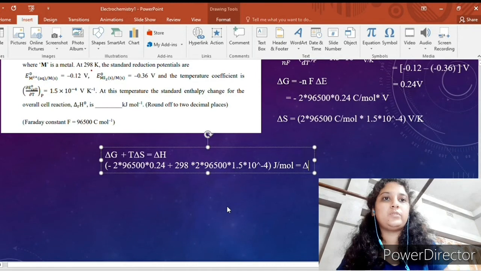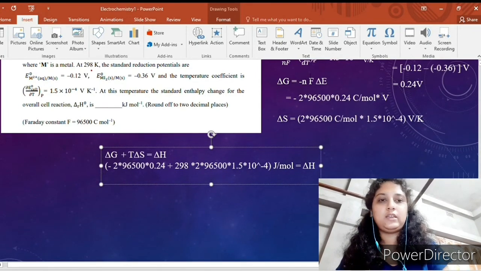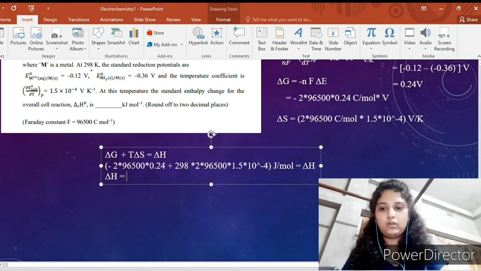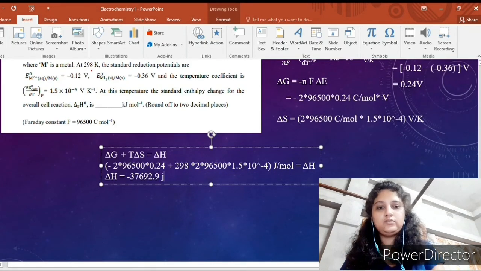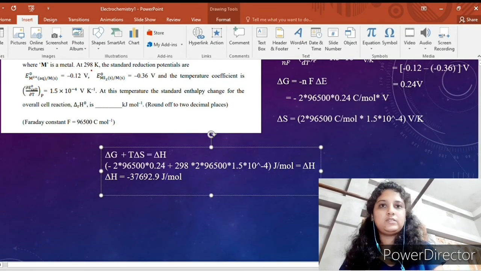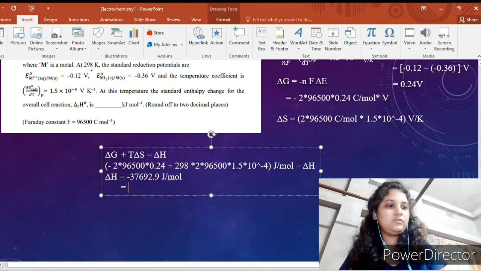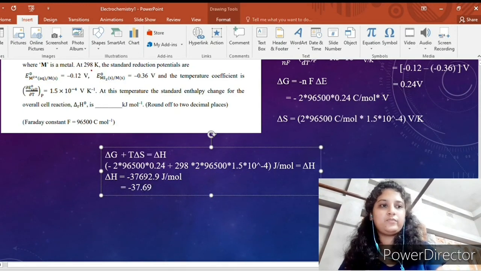After computing this, you get del H equal to minus 37692.9 joule per mole, or equal to minus 37.692 kilojoule per mole.